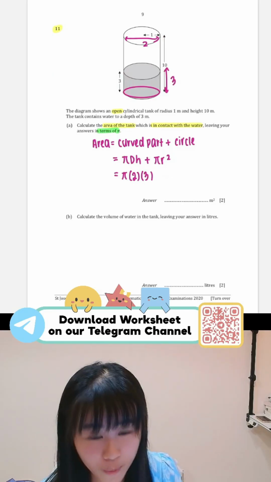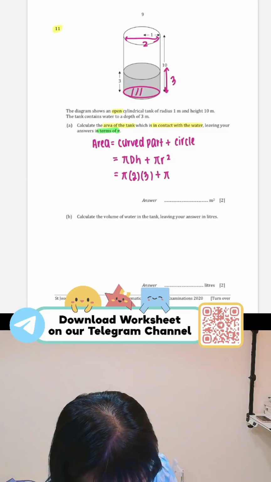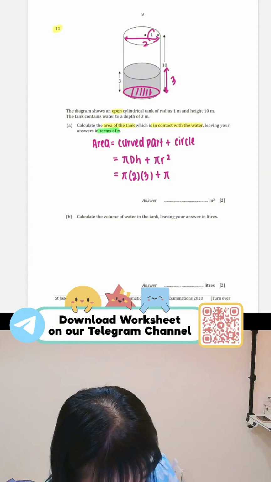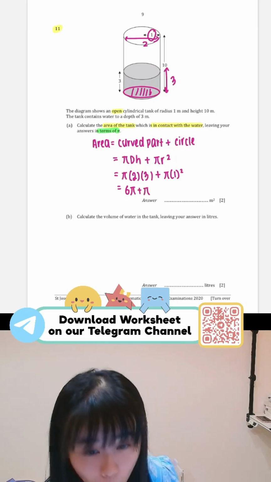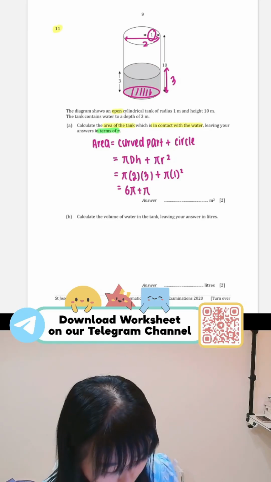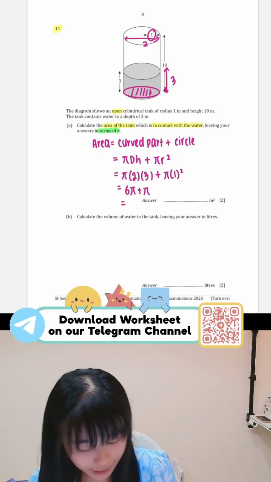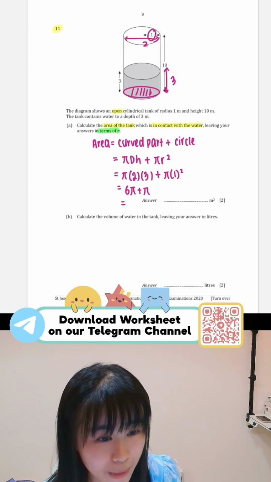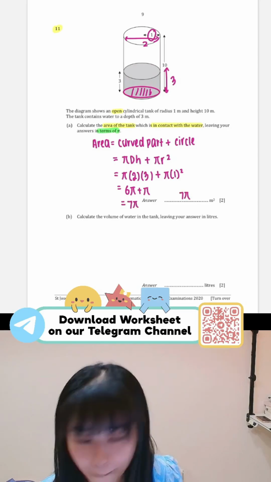So that gives me the area of the curved part. Then the area of the circle at the bottom is pi times radius 1 squared. So that gives you 6 pi plus pi, pi times 1 times 1 is still pi. 6 pi plus 1 pi is 7 pi meter square.